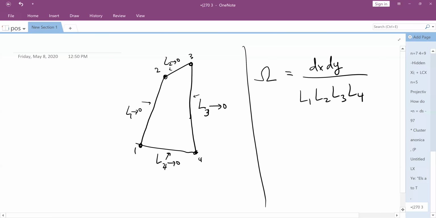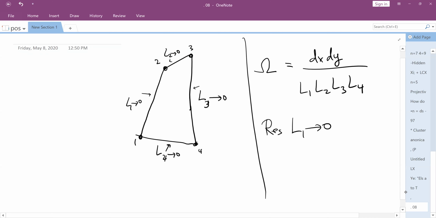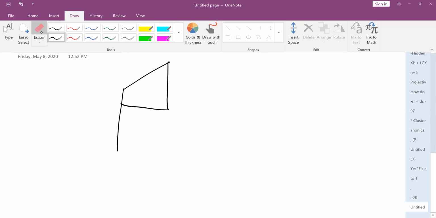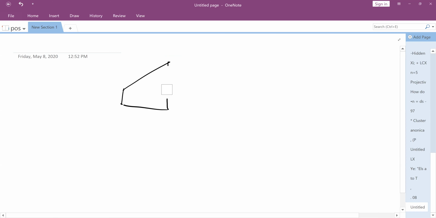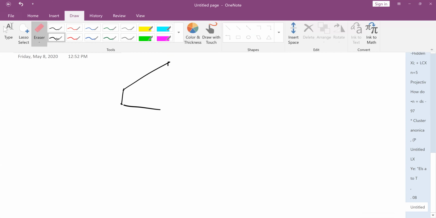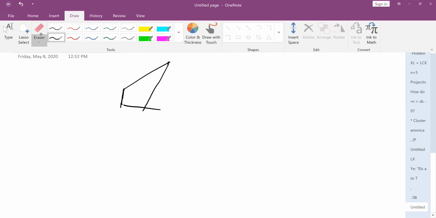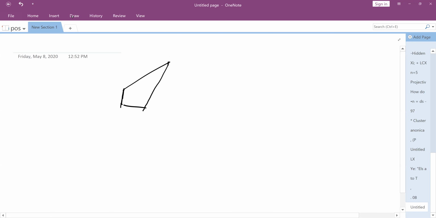The reason it's not good enough is, let's see what happens as I take a residue when L1 goes to 0. So here's L1, L2, L3, L4.